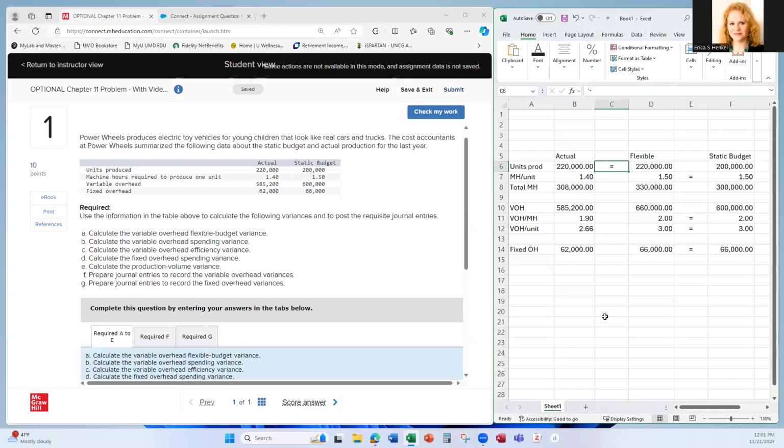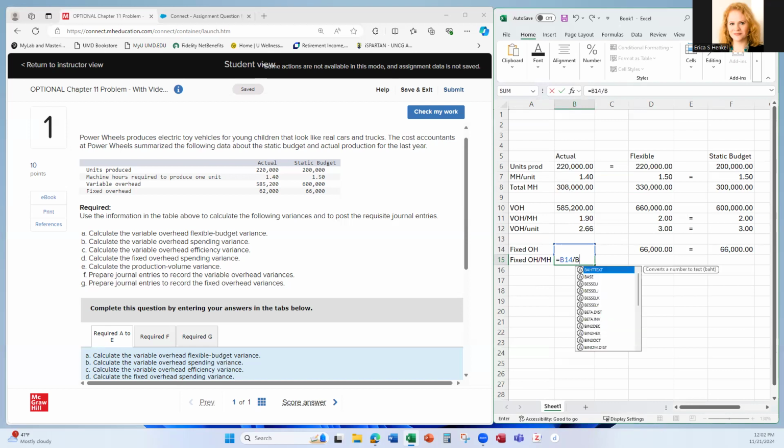Let's see. So now we want to do our fixed overhead per machine hour. We're going to calculate that divided by the number of machine hours. So B14 divided by B8.